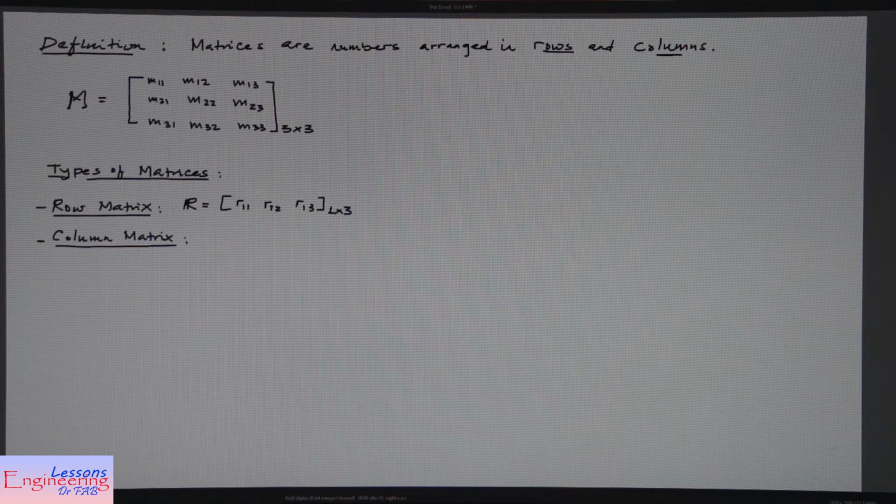So let's have a matrix C11, C21, C31. So our column matrix C has a single column, and as you see, it has 3 rows.